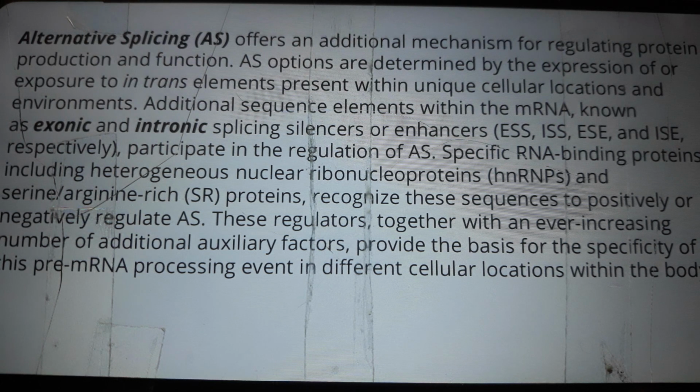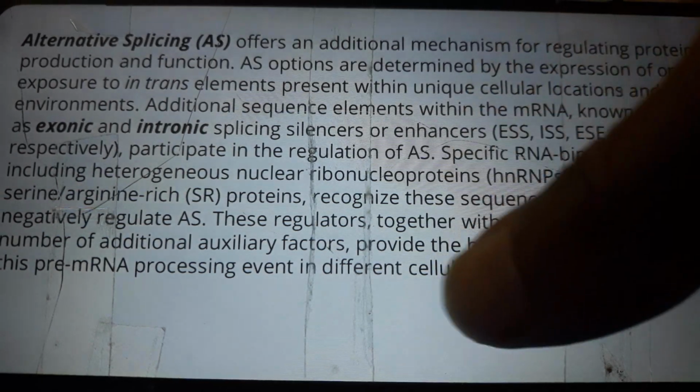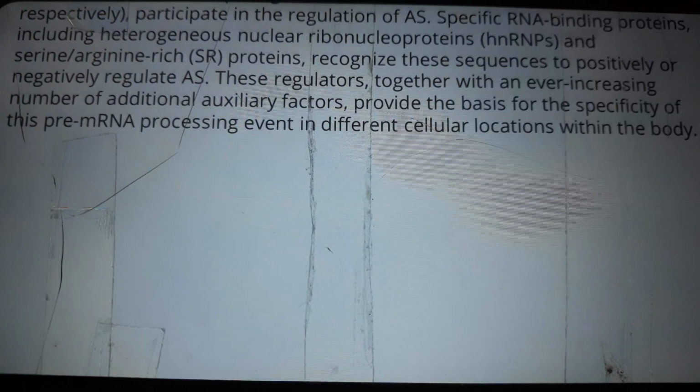Additional sequence elements within the mRNA, known as exonic and intronic splicing silencers and enhancers, ESS, ISS, ESE, and ISE respectively, participate in the regulation of AS. Specific RNA binding proteins, including heterogeneous nuclear ribonucleoproteins, hnRNPs, and serine arginine-rich SR proteins, recognize these sequences to positively and negatively regulate AS.